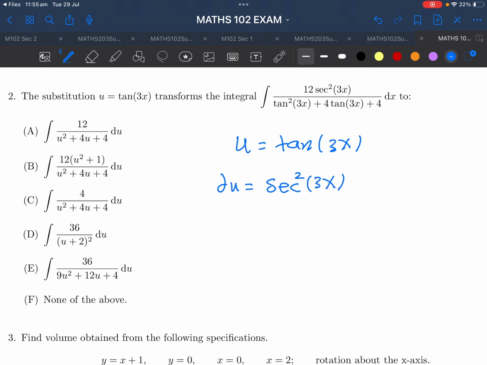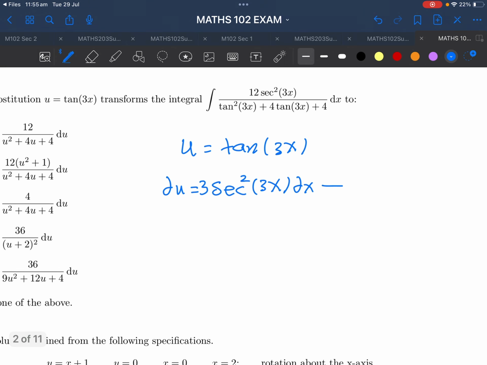And because there is a 3 here, the derivative will also have 3, because we take the derivative of the inside, dx. That means dx equal du over 3 secant squared 3x.